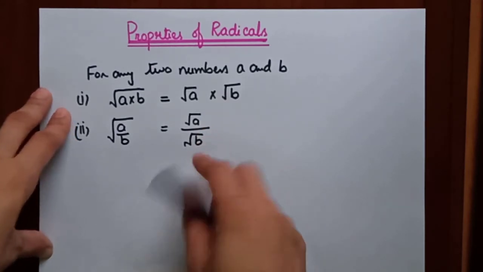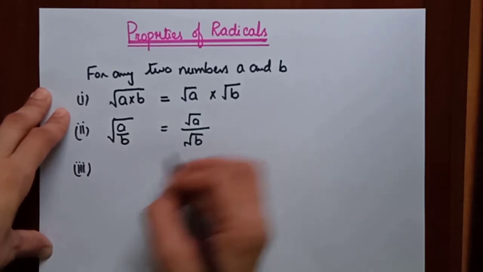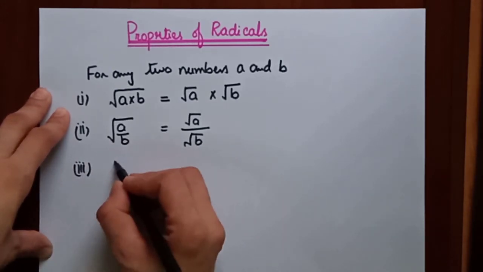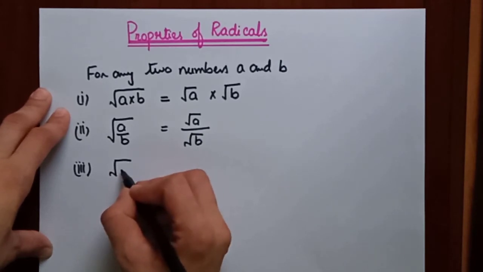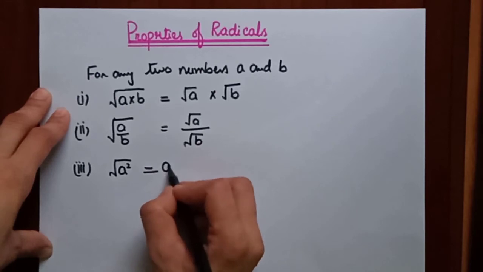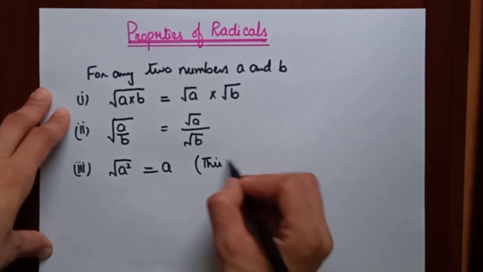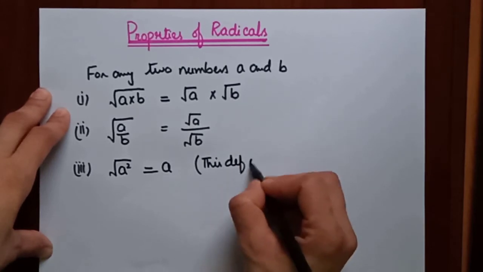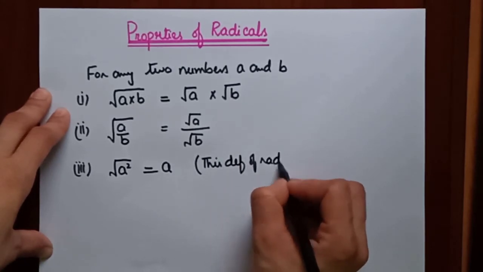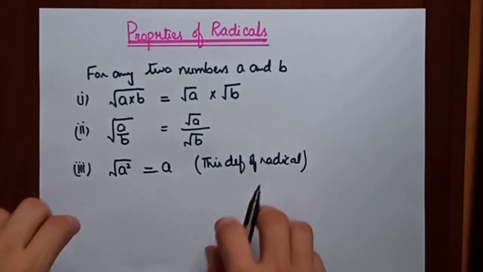Okay, and the third, which is the definition of radical, is square root of a square is equal to a. Clear? Now move to the exercise.